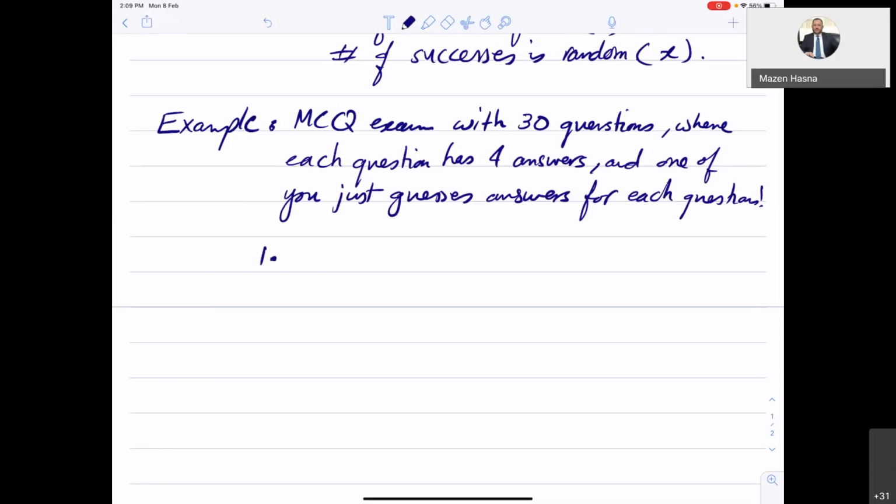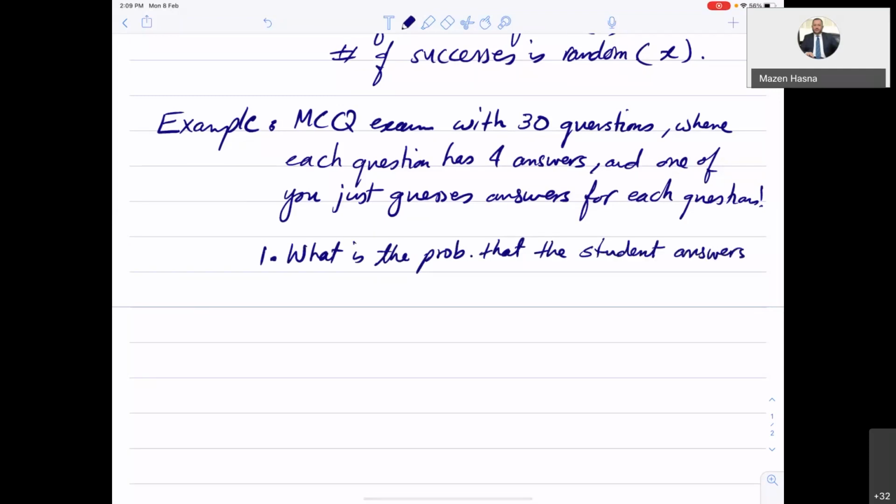I can ask this question first. What is the probability that the student answers more than 20 questions correctly?